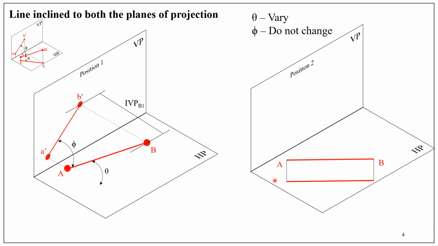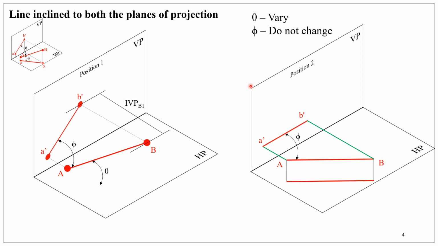So when it is parallel to HP, what is its orientation with respect to vertical plane? So the orientation with respect to VP remains constant. That means we do not change phi. And in this position, we can draw the corresponding front view. A dash, B dash, this one.